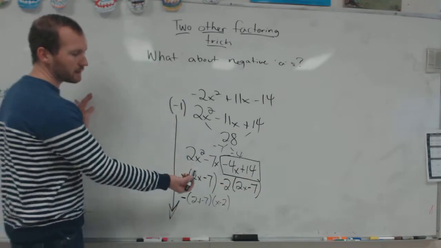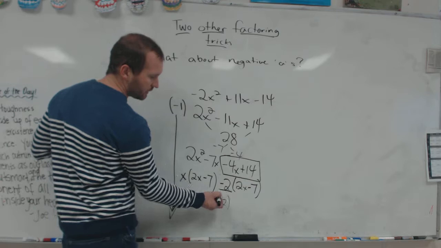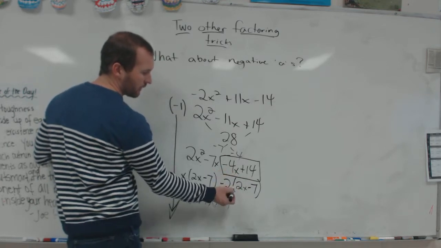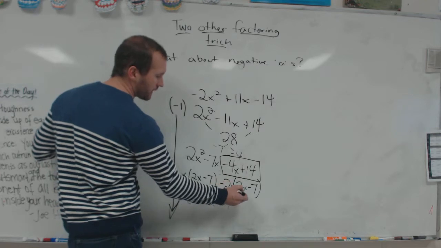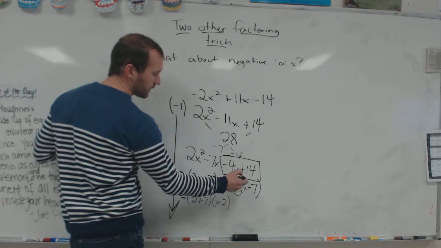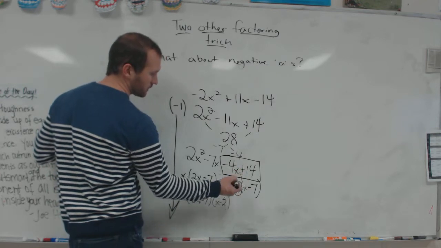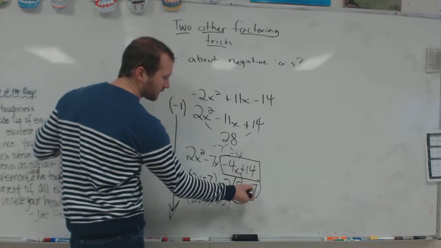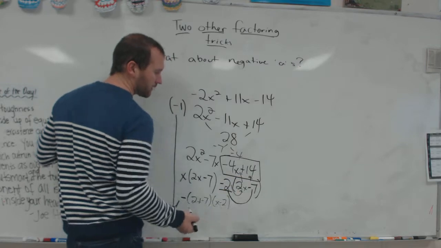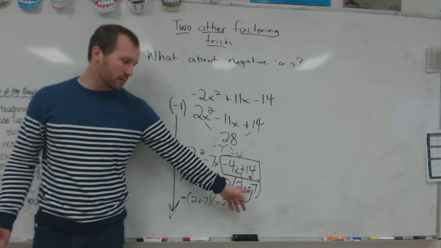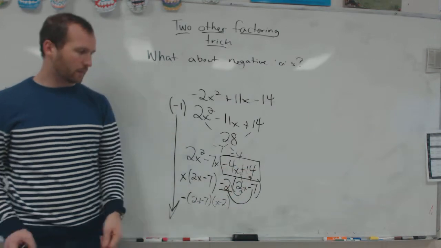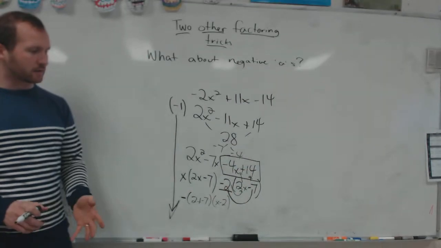Right? So as you're pulling this out, you're asking yourself, negative 2 times what equals negative 4x? So negative 2 times 2x equals negative 4x. Negative 2 times what equals 14? Well, negative 2 times negative 7 equals 14. So you're kind of asking yourself that.